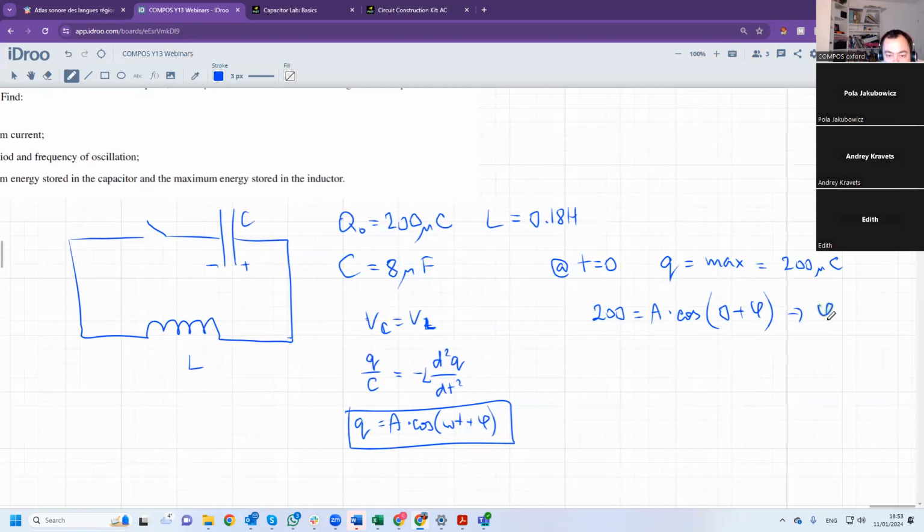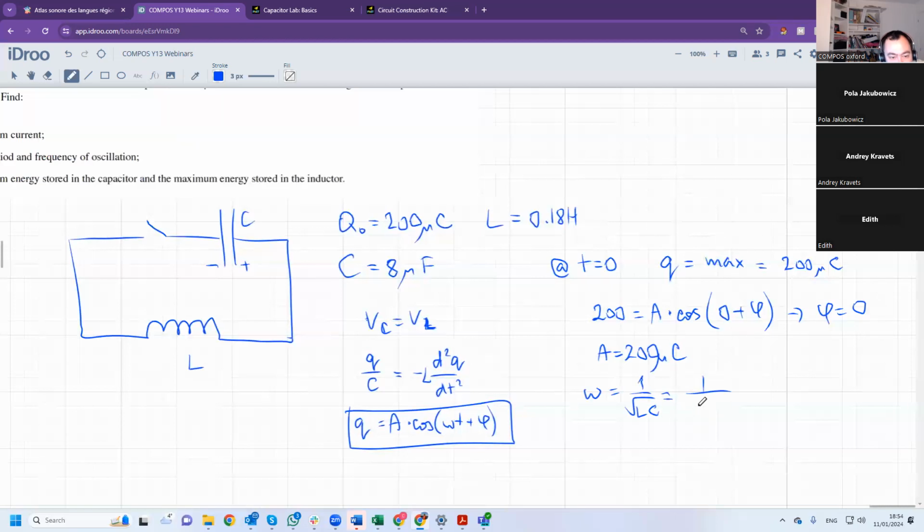And that means that phi is 0. Because it is a maximum, and cosine is maximum when this expression is 0. Oh, it could be 2 pi. And therefore A is 200 microcoulombs. Once again, omega is 1 over square root of LC.